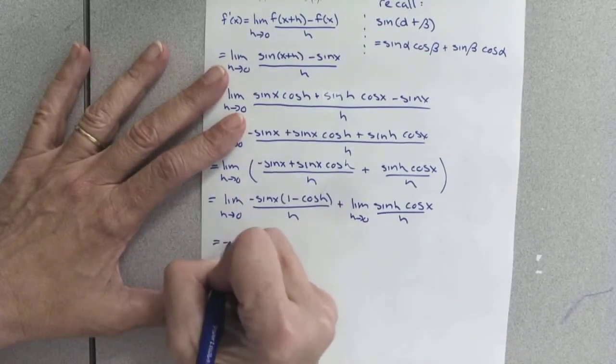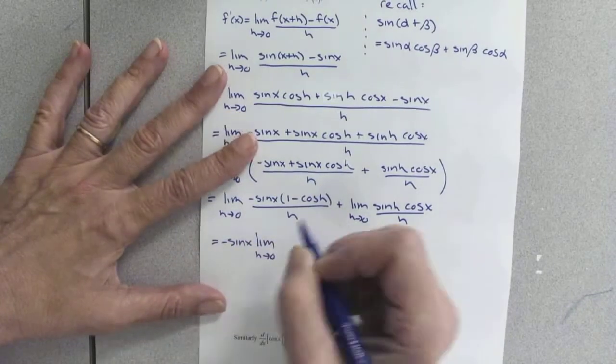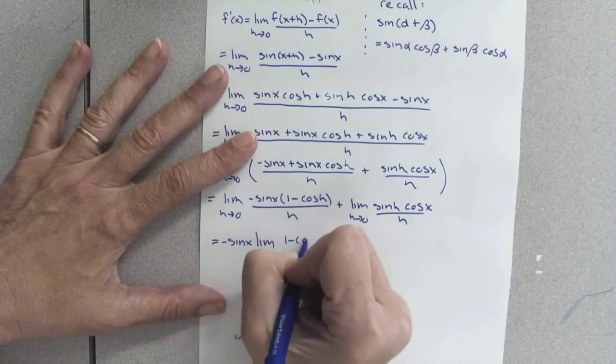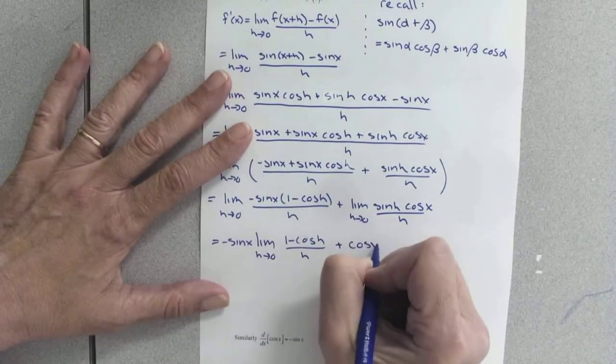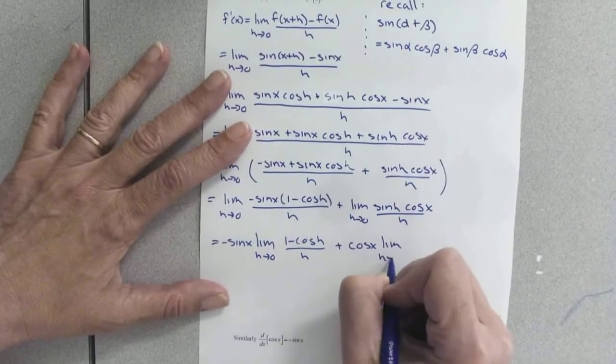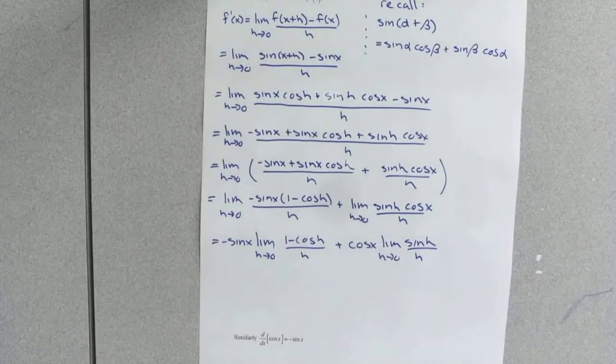So those guys can factor out, because that's one thing we learned about limits, that you could factor out constants. So that's what I'll do there. Because as far as the limit is concerned, the variable is h. So if it doesn't have an h and it's just a multiplied constant, it can be factored out.